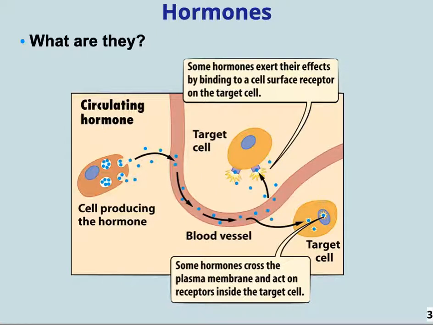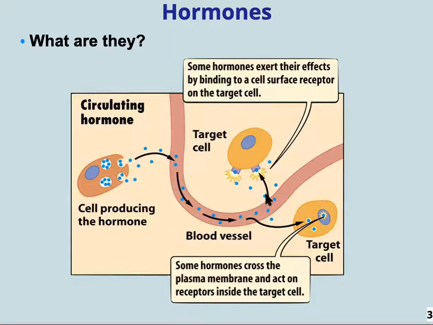As we mentioned in a previous lecture, whether or not a target organ responds in a certain way depends very much on the receptors that are present on that target tissue. This image shows the circulating hormone, once released into blood and it reaches a target cell.